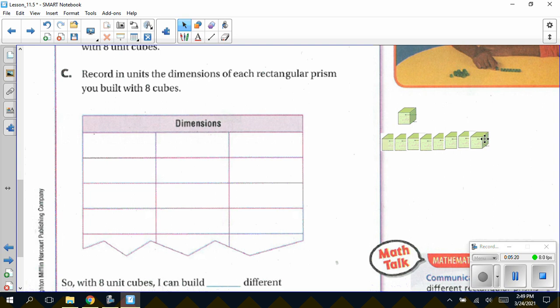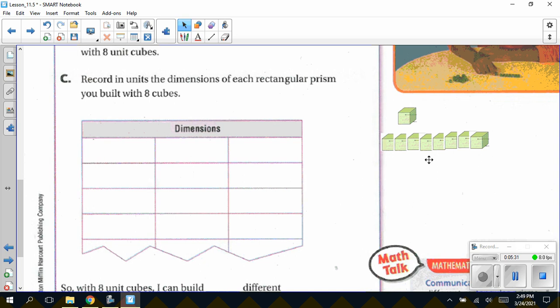So, pardon my picture, but that's the best I could do with having the visual. Notice I do have 8 unit cubes going across. So my length of my prism is 8 units across.